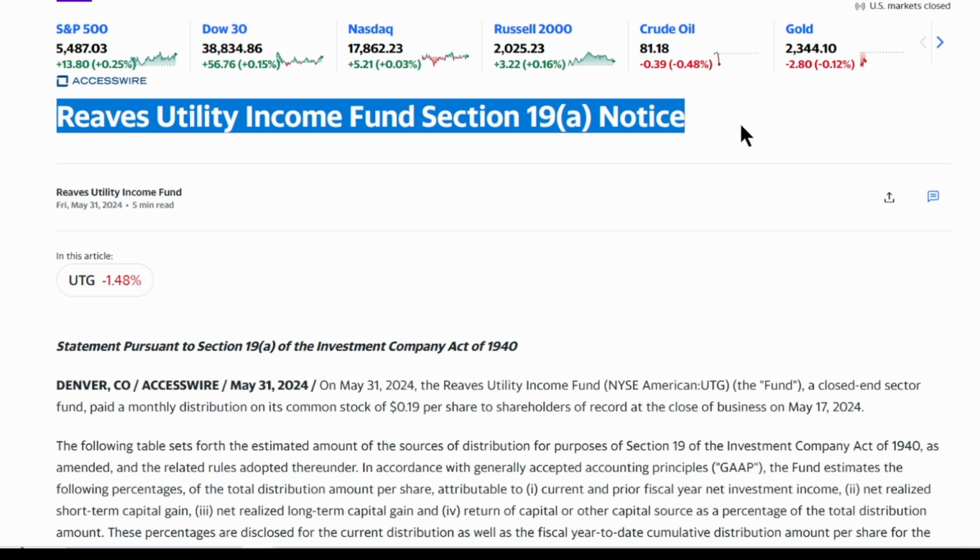And so if your CEF is paying out the interest income or dividend income plus capital gains, and that's still not enough to cover what they actually pay you, and so they're giving you return of capital, meaning they're selling some of the stock in there, they have to have this Section 19(a) notice.